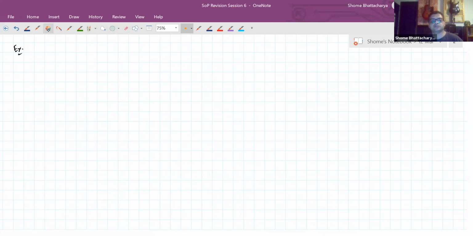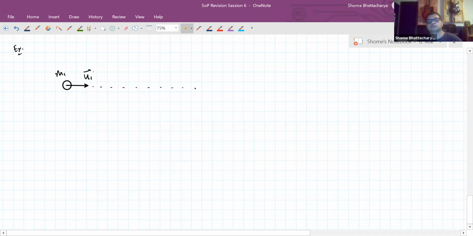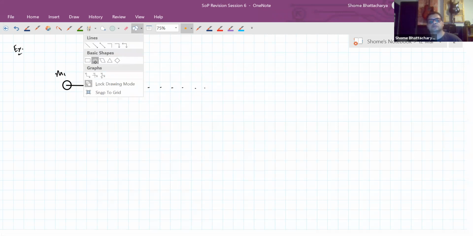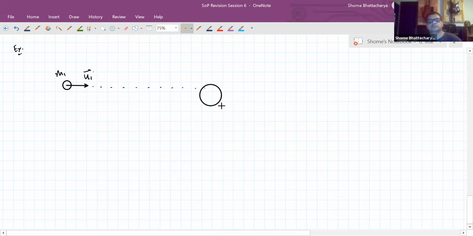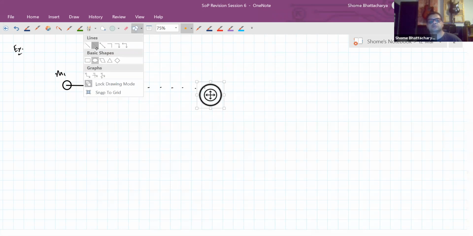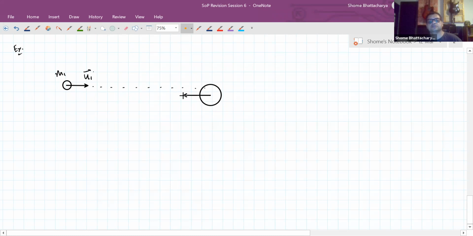So for example, let's say we have a situation where this particle of mass m1 moving at a velocity u1 along this sort of direction makes an impact with another body moving in the exactly opposite direction.